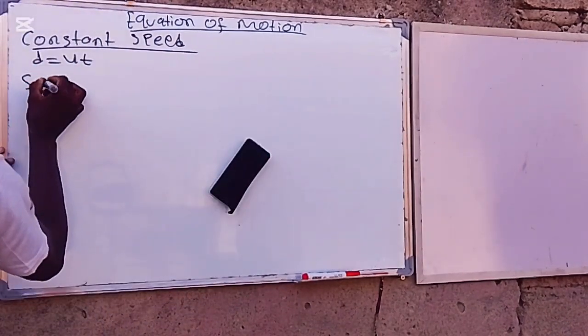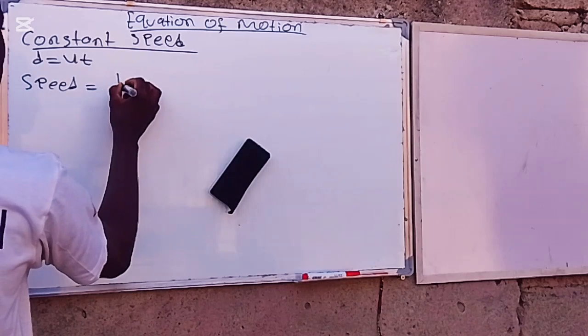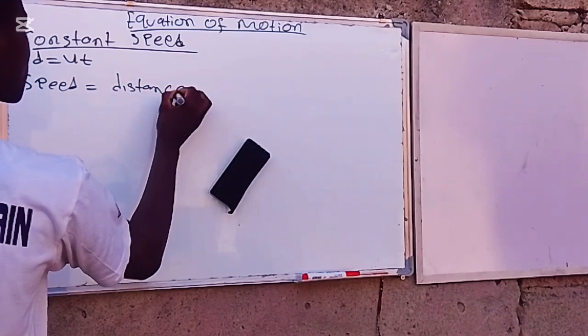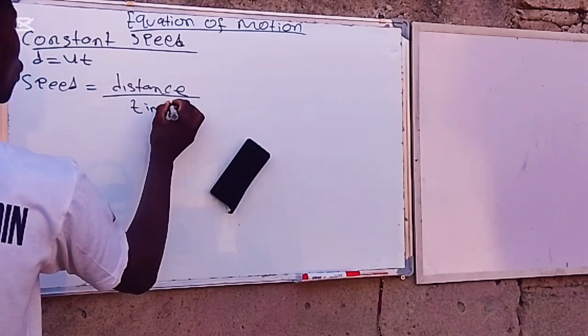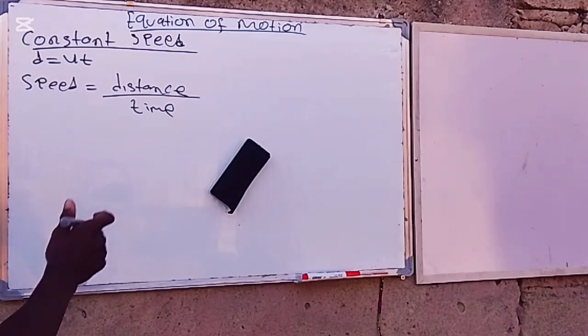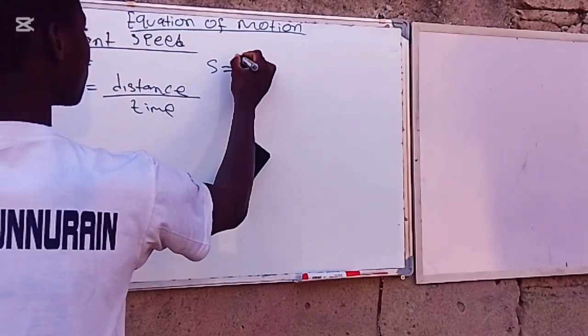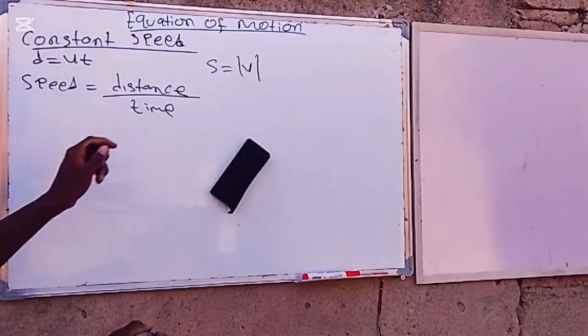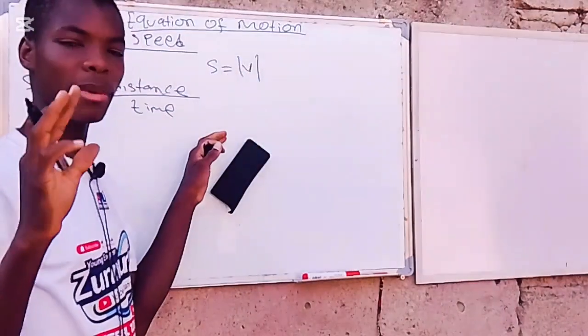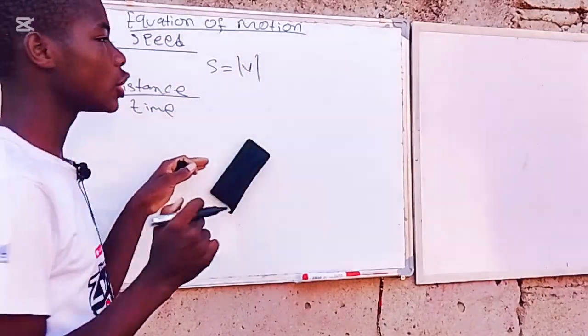So therefore we have speed. What is speed? Speed is the same thing as distance over time. And you have to know that the instantaneous speed is the same thing as the magnitude of the instantaneous velocity.